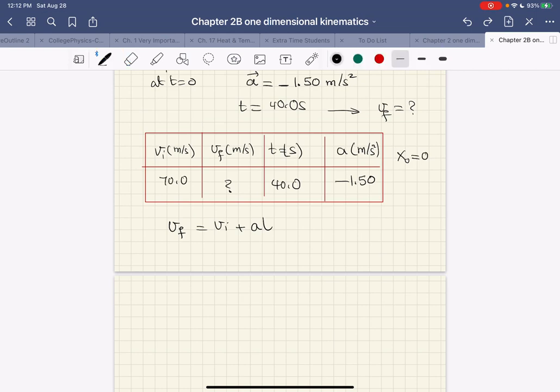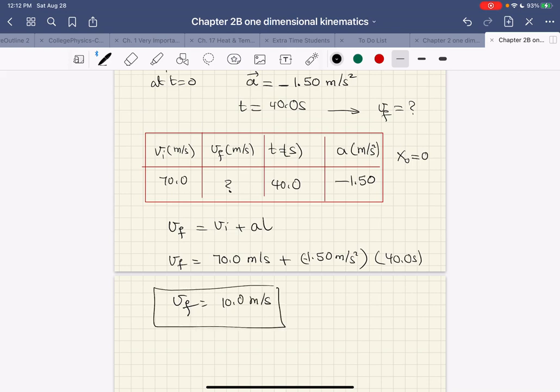Then I will say V final is 70 meters per second plus negative 1.5 times 40, and that way I can calculate the velocity after this time. Still, it needs more time to stop.